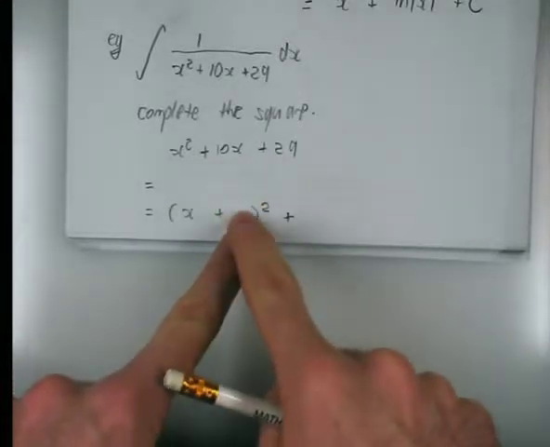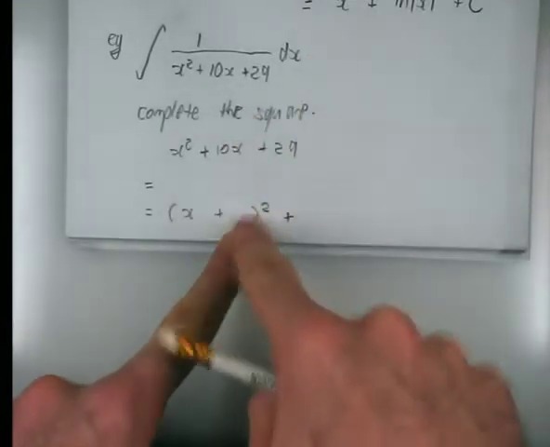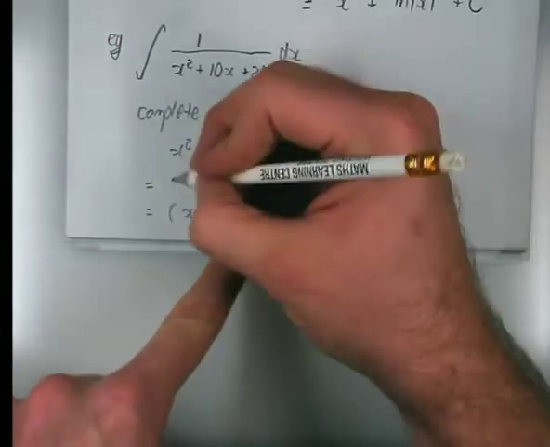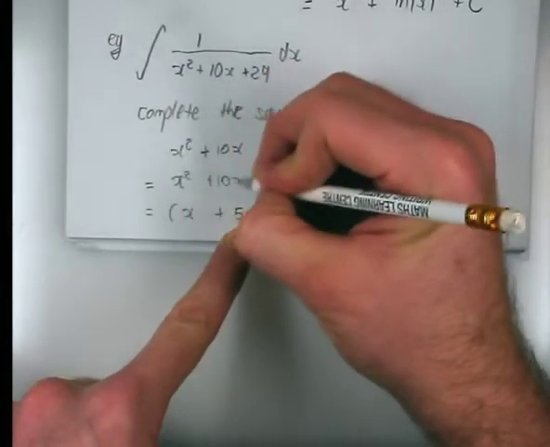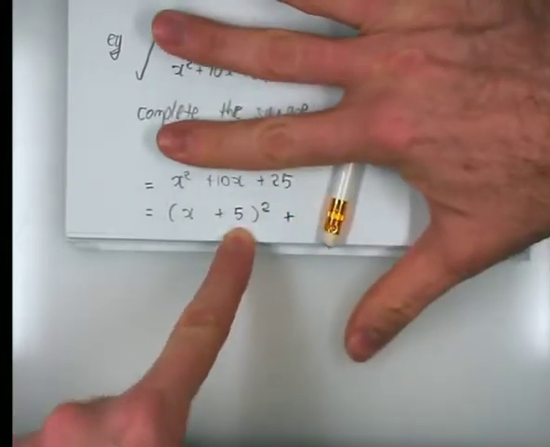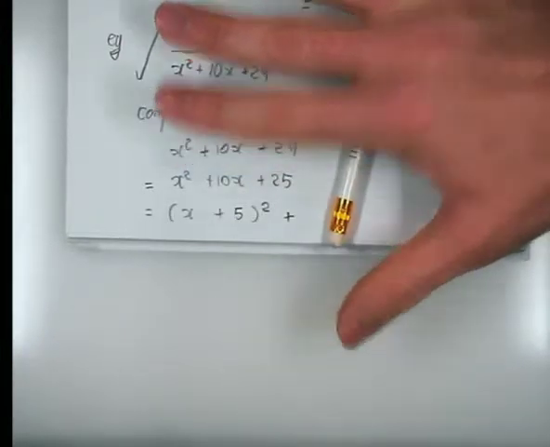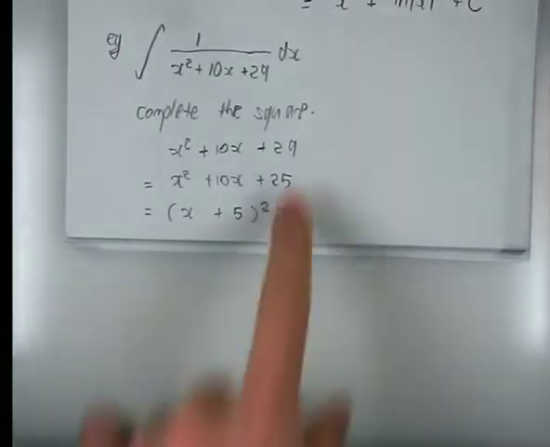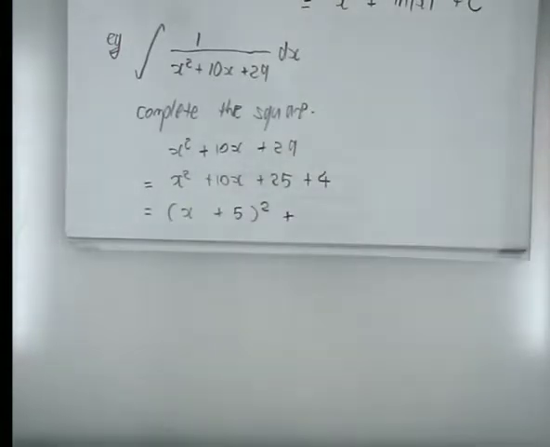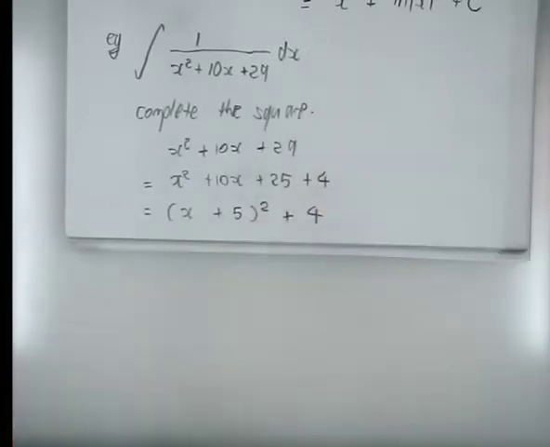Because if I expanded this out, I would get x squared plus 2 times whatever that was, times x, plus that squared. So this should be a 5. Because then if I expand it out, I'll get x squared plus 10x plus 25. But I haven't got a 25. I've got a 29. So there's 4 left over, and this 25 plus 4 comes from the 29. So now I've completed the square.